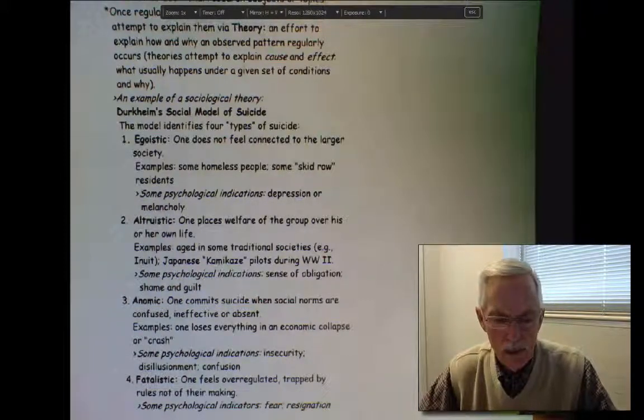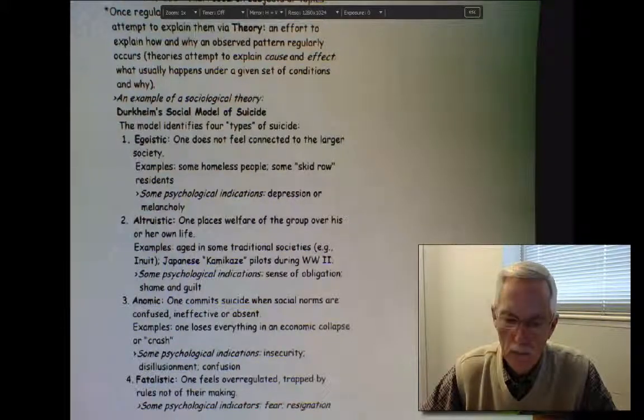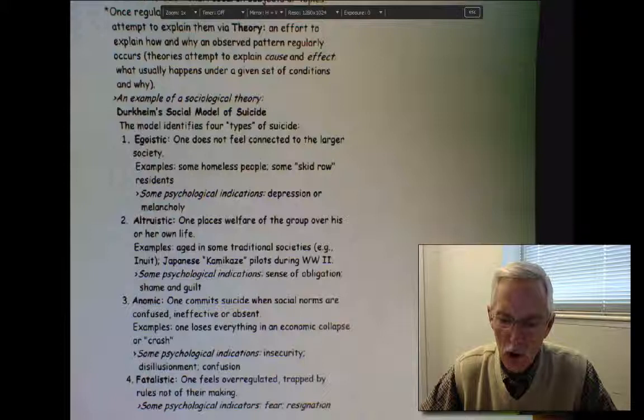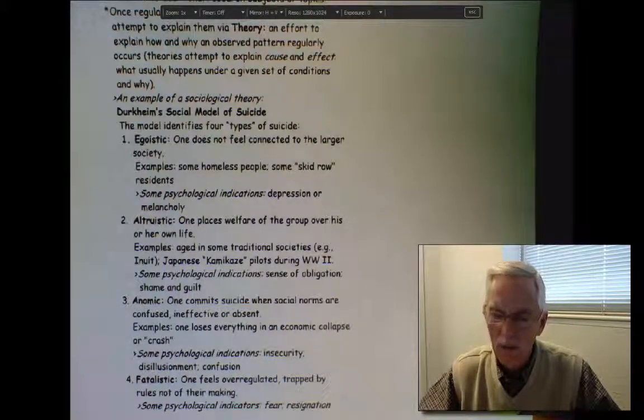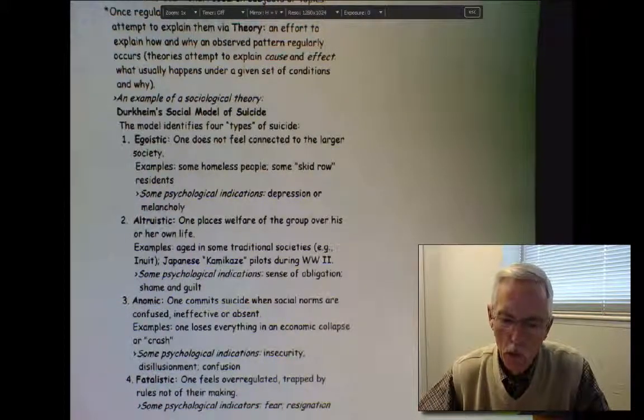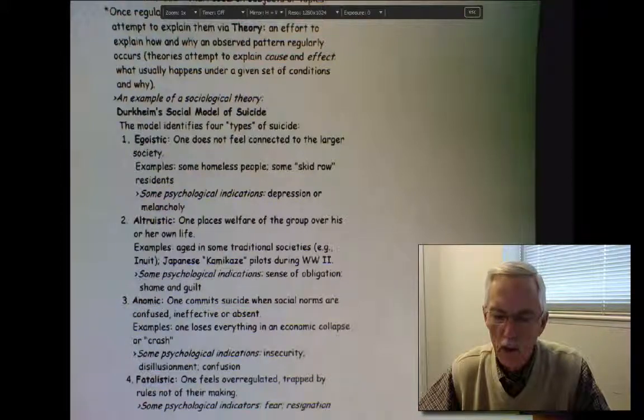Theory is really an effort, an attempt to explain cause and effect. Theories suggest associations among variables, and theories are designed to explain those particular associations. A theory, you want to remember, has withstood investigation or analysis.